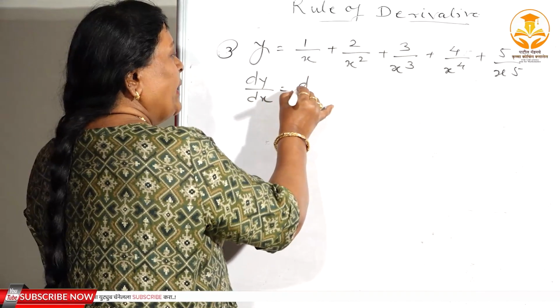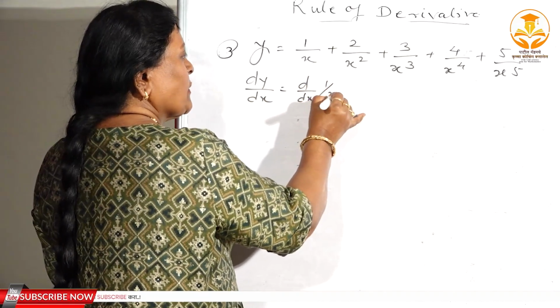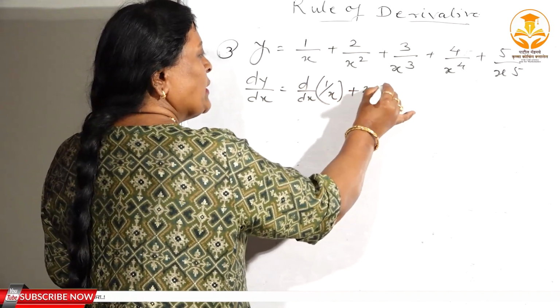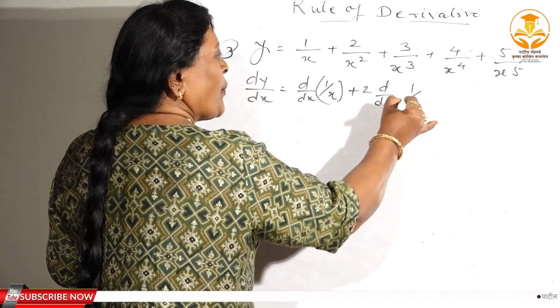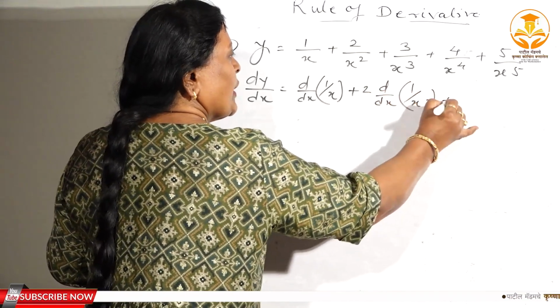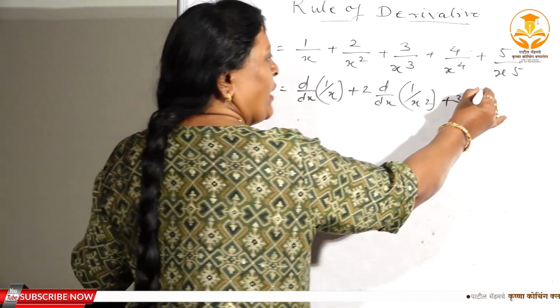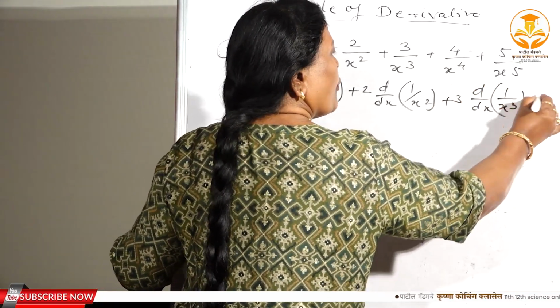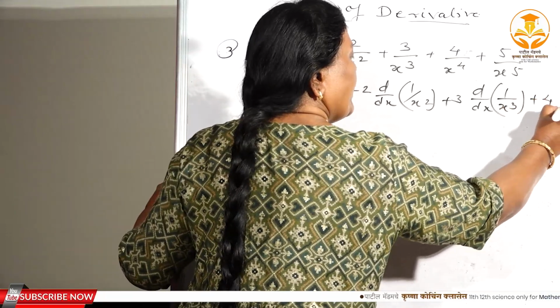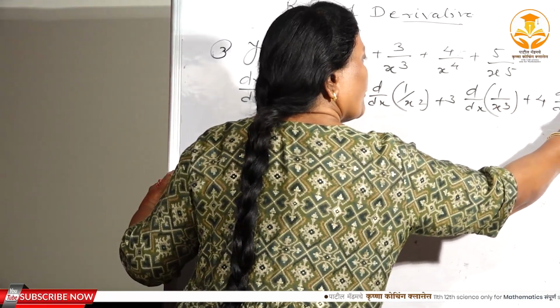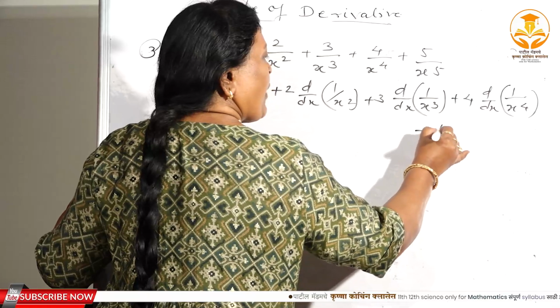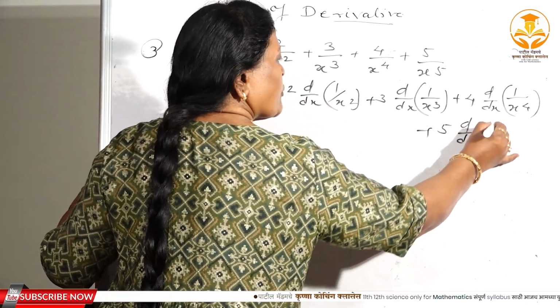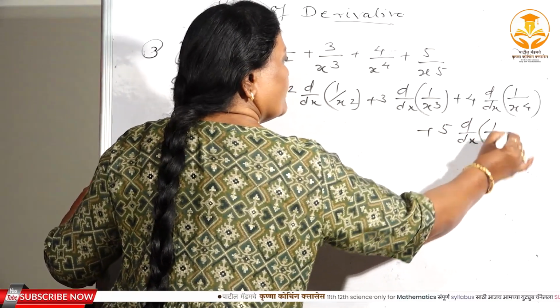Again, d/dx of 1 by x, 2 remains as it is, d/dx of 1 upon x square, 3 remains as it is, d/dx of 1 upon x cube, 4 remains as it is, d/dx of 1 upon x to the power 4, and plus 5 remains as it is, d/dx of 1 upon x to the power 5.